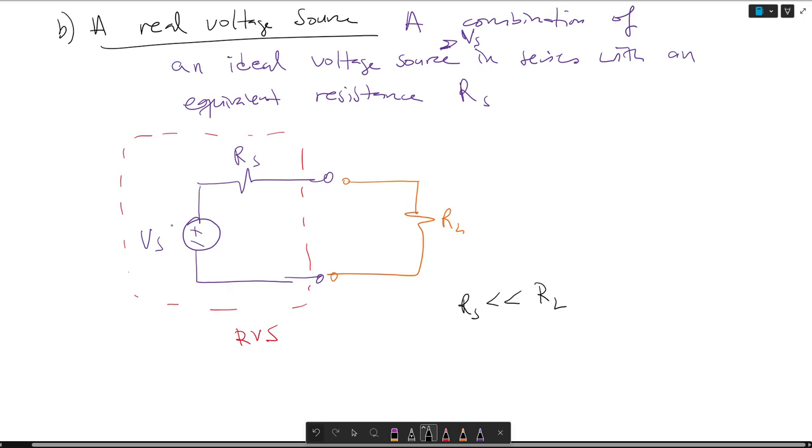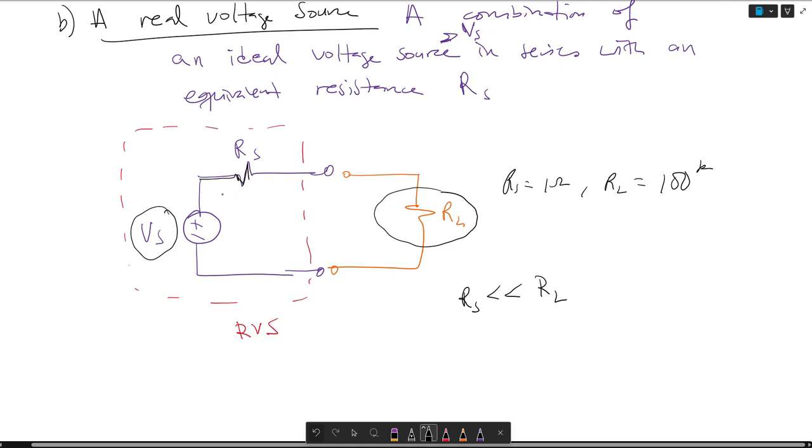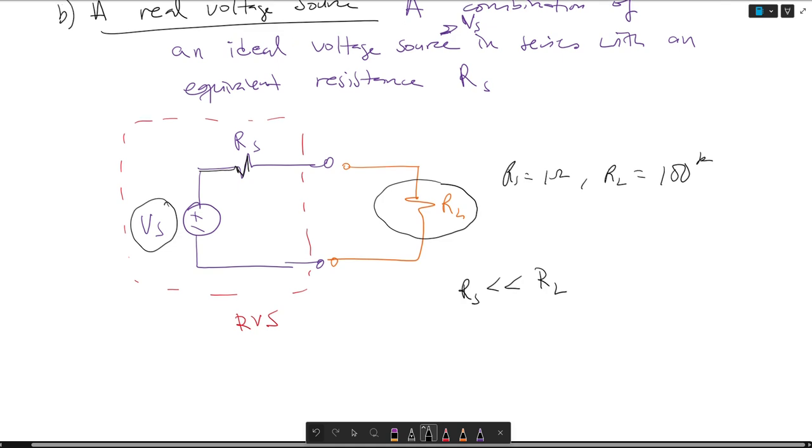So if Rs is very small, like if Rs is 1 ohm and RL is equal to 100 kilo ohms, all the voltage Vs is going to drop across RL. But again, a realistic voltage source has an Rs in series with its voltage source.